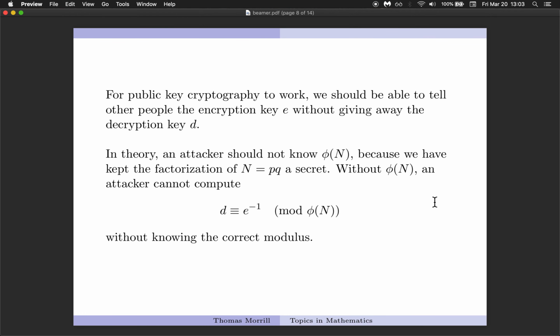Now, the whole point of public key cryptography is that we want to be able to tell other people our encryption key without giving away the decryption key. So this is not something that would have worked when we were talking about affine shifts, because if you know how to shift to scramble the message, you just do that backwards and you have unscrambled the message.